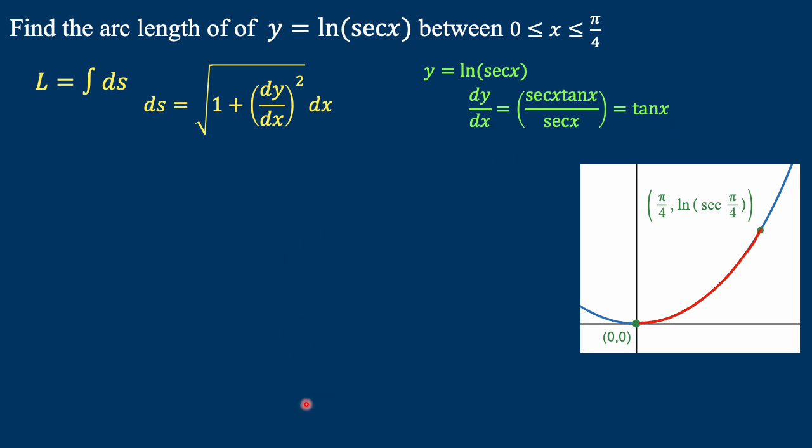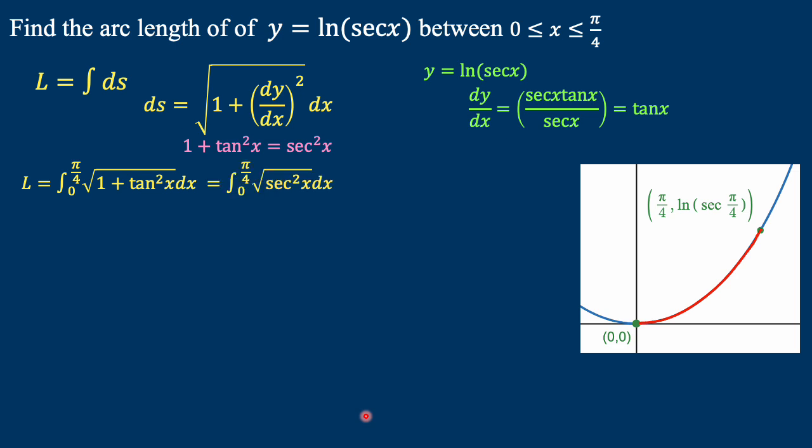So now the arc length is going to be the integral from 0 to pi over 4 of square root of 1 plus tangent squared x. 1 plus tangent squared x is secant squared x. You plug it back in: the integral from 0 to pi over 4 of square root of secant squared x dx.